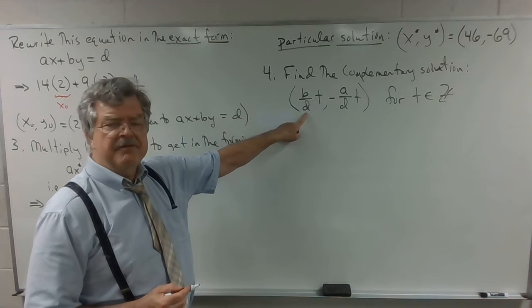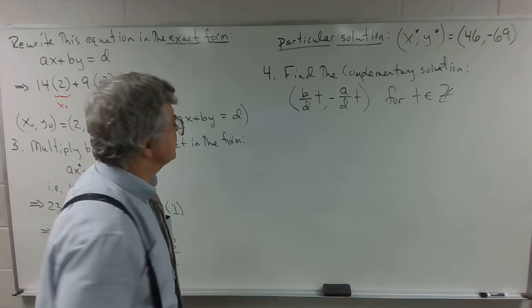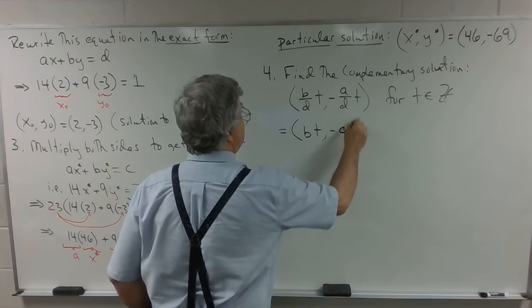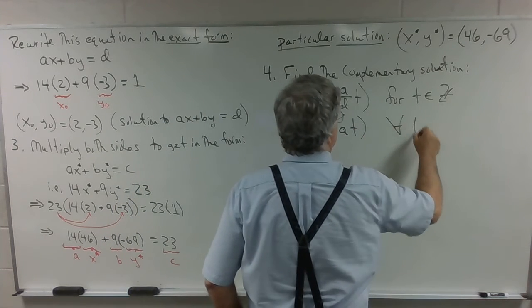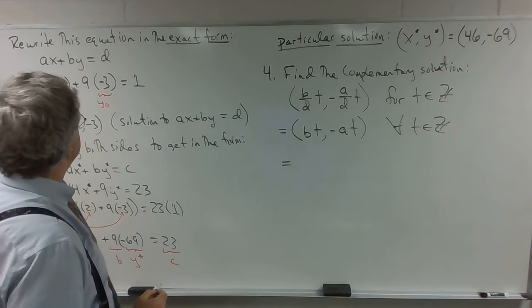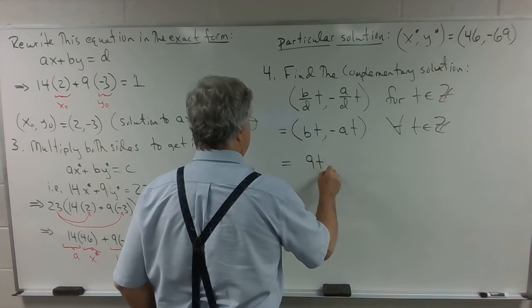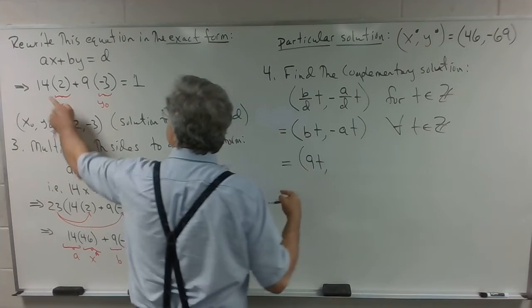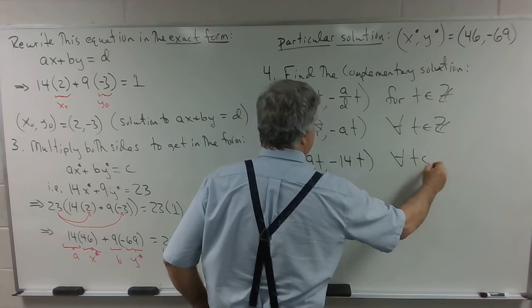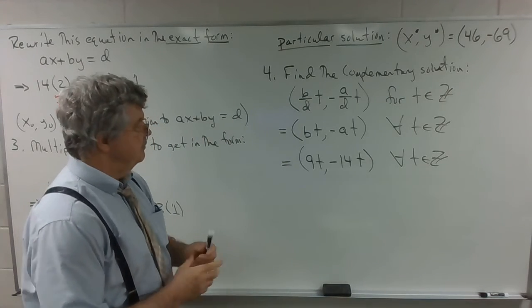D is the greatest common divisor of A and B, but D was 1, wasn't it? So we have BT minus AT for all integers T. And B is 9. And A is 14. This is our complementary solution.